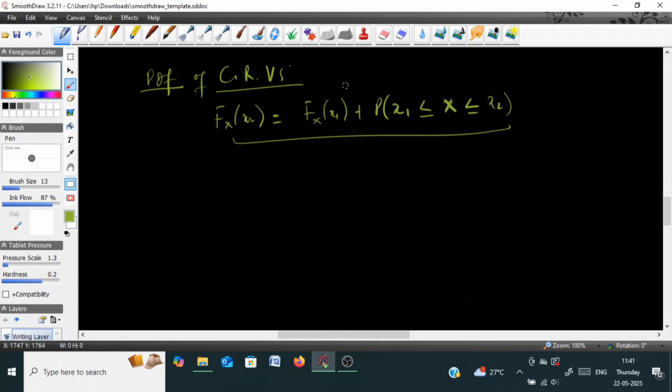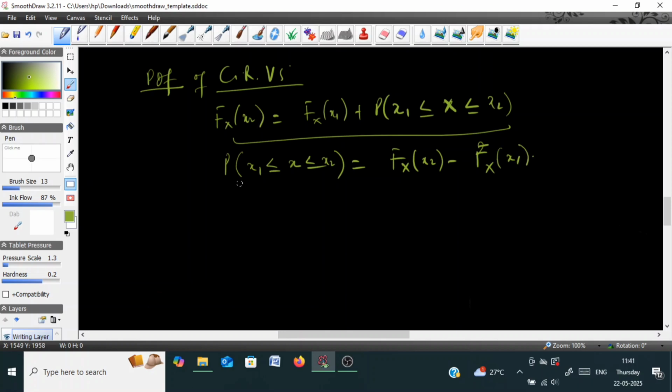Or you can say that the probability of X lying between x1 and x2 is the CDF at x2 minus the CDF of the random variable at x1.